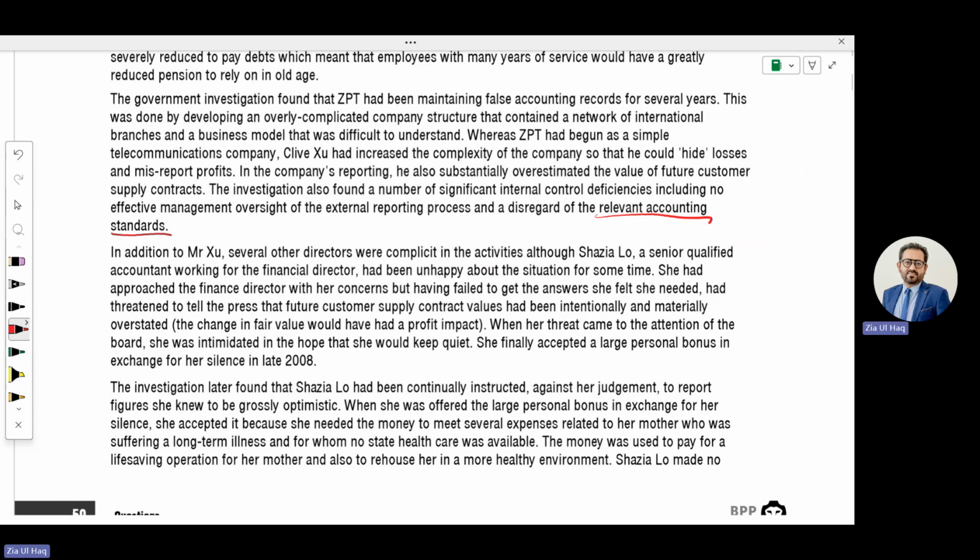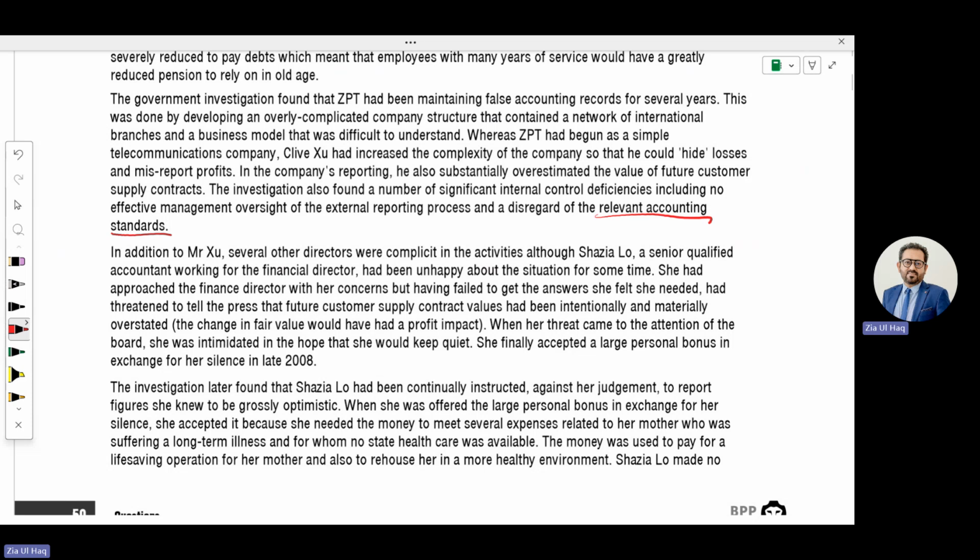It means other directors were also involved in the fraud of overstatement of results, and the finance director's senior qualified accountant Shazia Lu, who prepared financial statements, highlighted issues to the finance director sometimes. She had approached the finance director with her concern, but having failed to get the answer she felt she needed, had threatened to tell the press that the future customer supply contract value had been intentionally and materially overstated.